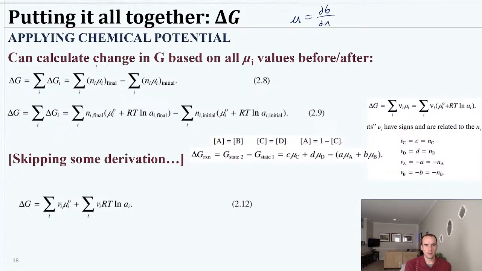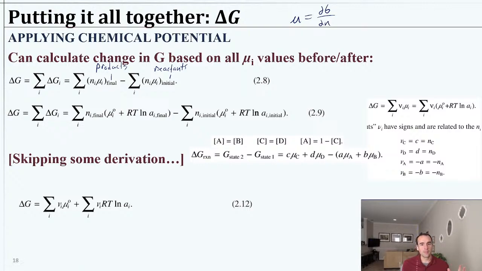So final being the products, and the initial being the reactants. Okay, and the whole summation thing, that's just saying we're going to do it for each piece of the puzzle.